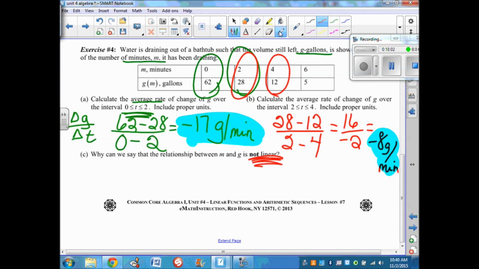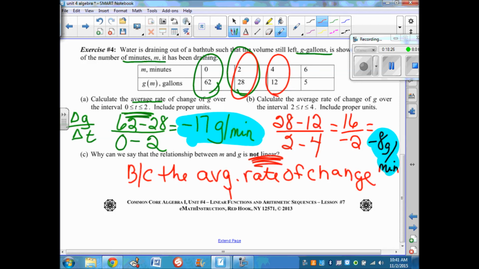Okay, it's not. This first one was negative 17 gallons per minute, and the second one was negative 8 gallons per minute. So our reason we say that the relationship between M and G is not linear is because the average rate of change is not constant.